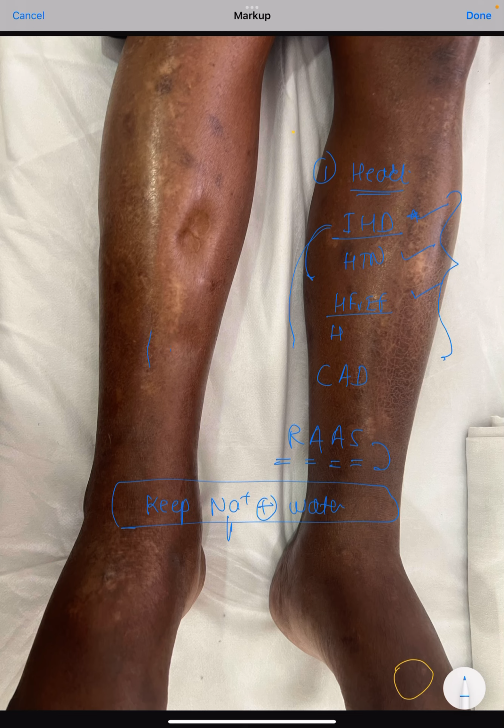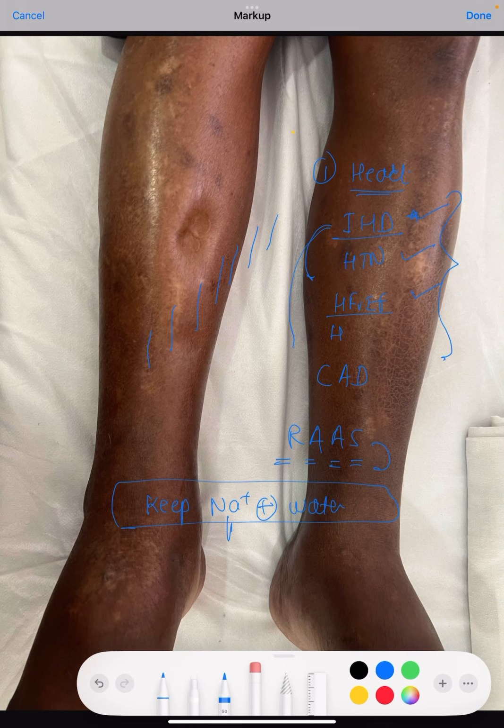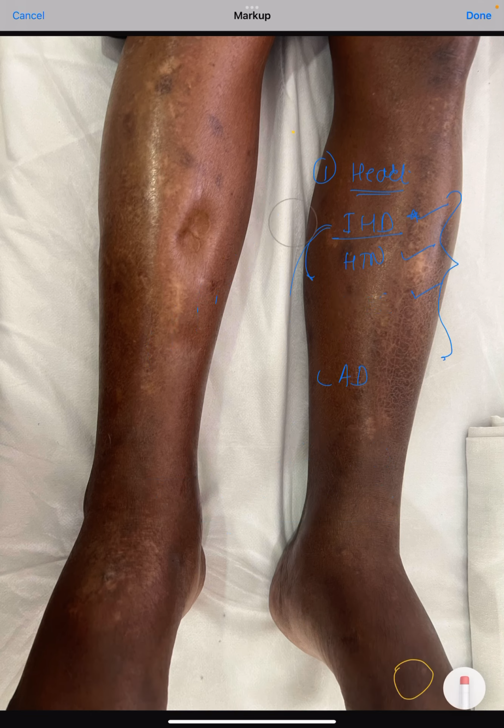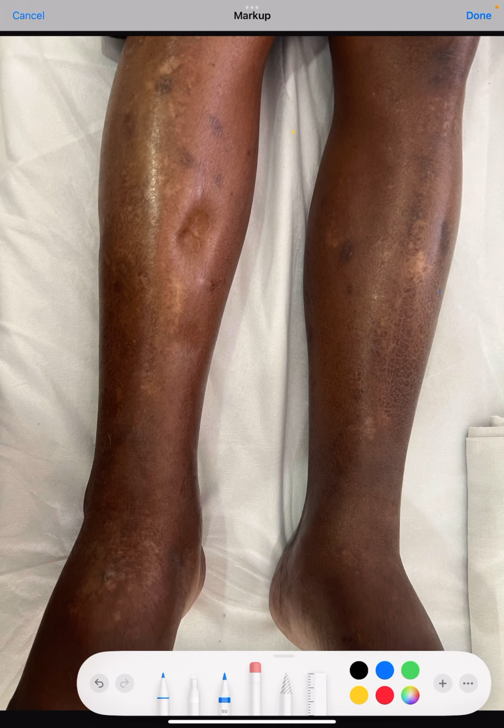So there is more sodium and water retention, and these patients very commonly present with pedal edema. So pedal edema is one of the most common signs of heart failure.